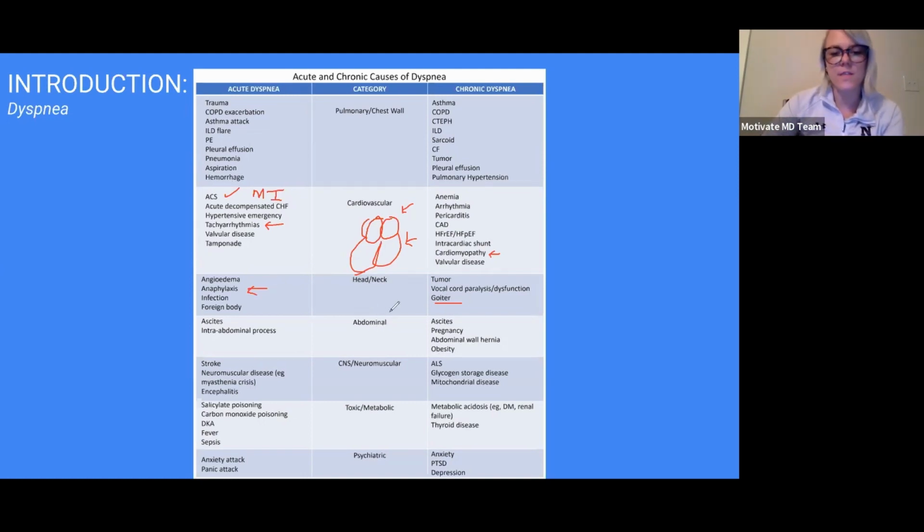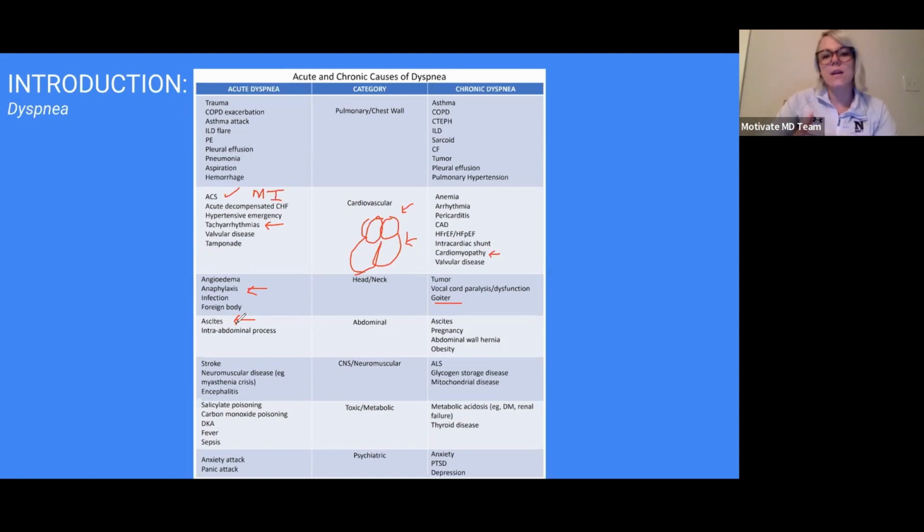Then obviously abdominal things. If you have ascites, you could have ascites for a number of reasons, but one that often occurs is cirrhosis secondary to liver disease. So remember, liver disease has multiple flavors. You don't have to drink a lot of alcohol in order to have liver cirrhosis.